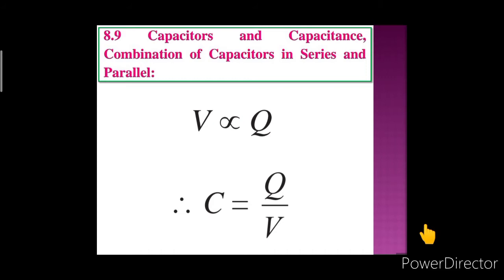The relationship of the farad with charge and potential difference is given by C equal to Q upon V, as 1 farad is equal to 1 coulomb upon 1 volt. That means a capacitor has a capacitance of 1 farad if the potential difference across it rises by 1 volt when 1 coulomb of charge is given to it.